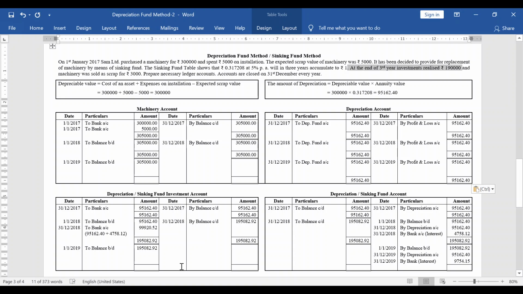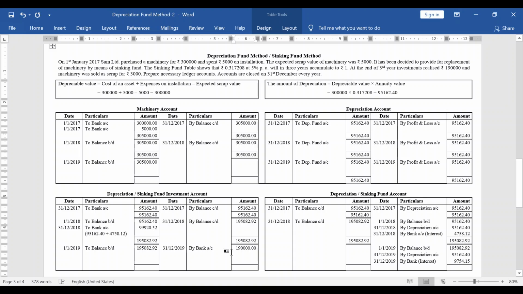So the next entry is for sale of investment, and the entry for sale of investment is bank account debit to depreciation fund investment account, and the amount realized on sale of investment is 1,90,000. That is, when investments are sold, bank account is debited and depreciation fund investment account is credited with the amount realized on sale of investment.